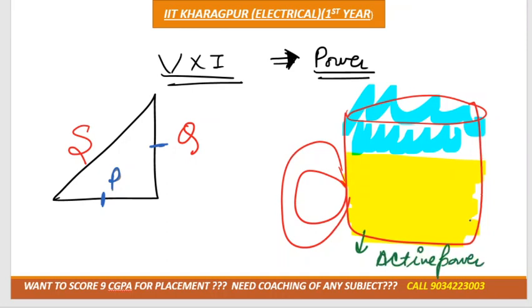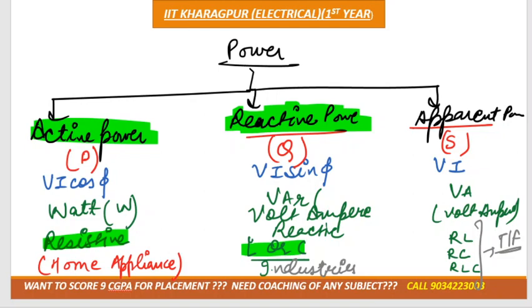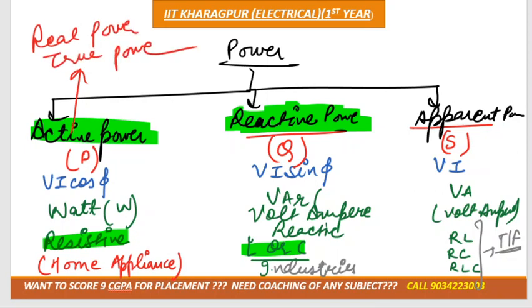The froth, which you are not paying for but is still there, is your reactive power. And the combination of both is the apparent power, which you have to pay for. So basically the apparent power is the combination of active power and reactive power. Sometimes active power is also known as real power or true power. Understood?